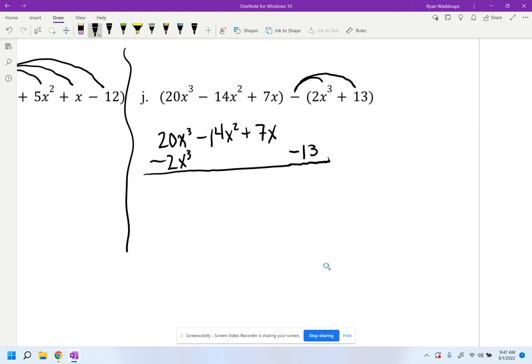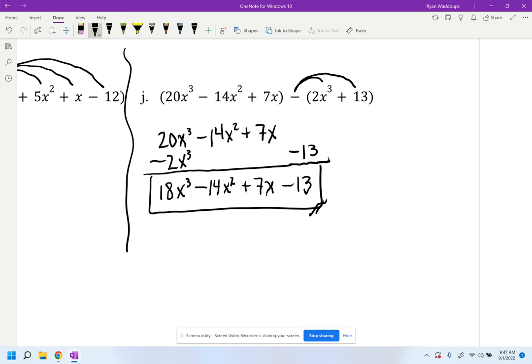So we got 20x cubed minus 2x cubed is 18x cubed. These two remain unchanged. That's minus 14x squared plus 7x and then minus 13. And that is our polynomial here.